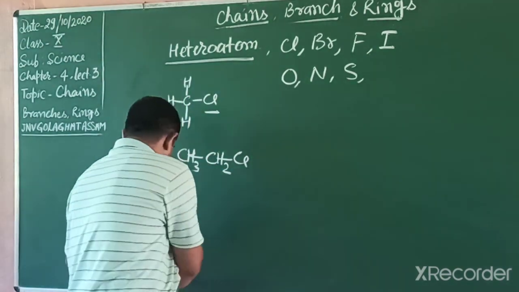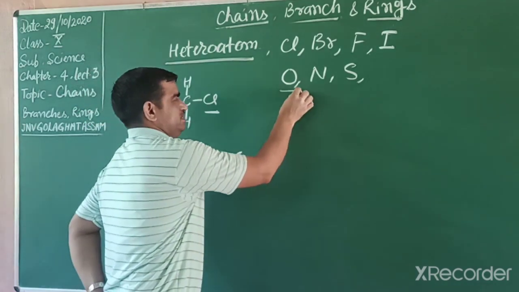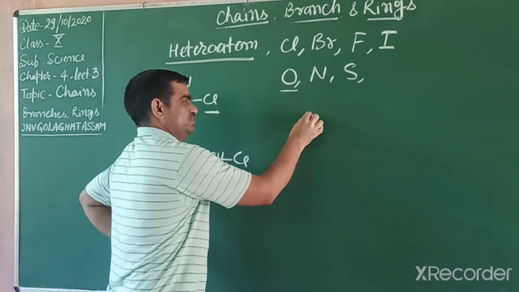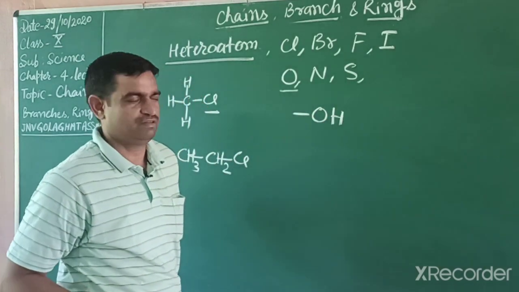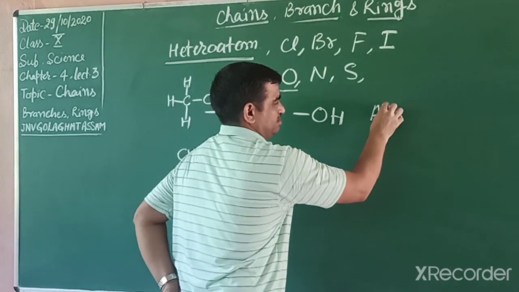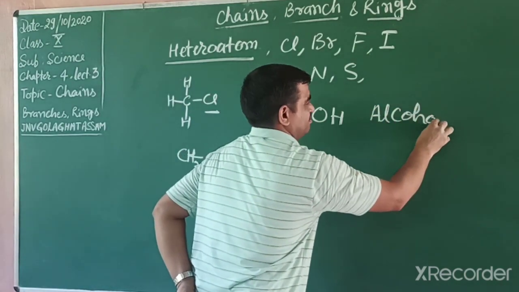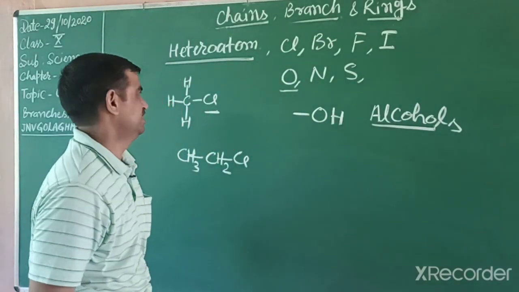Oxygen can be added in different ways. If oxygen is attached like this, as an OH on the carbon, then that compound is known as alcohol. Such compounds are known as alcohols.